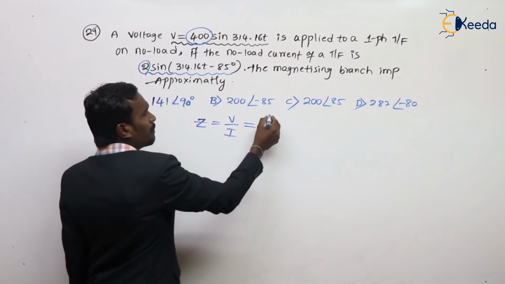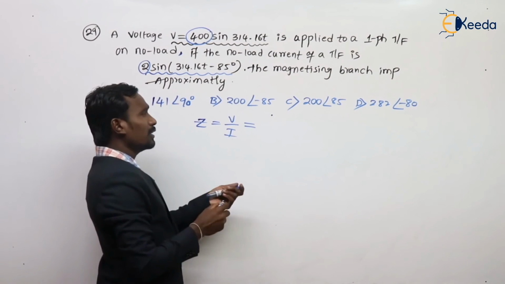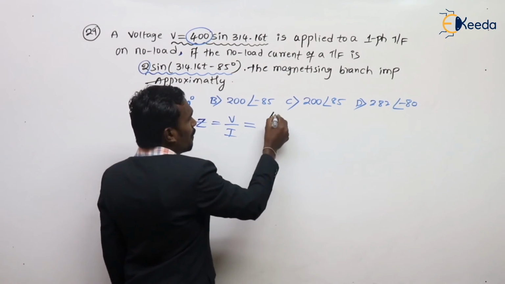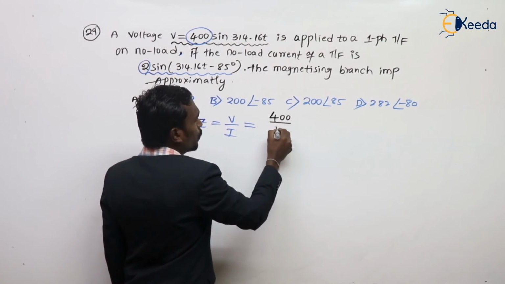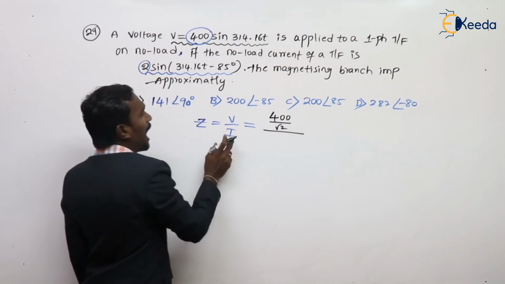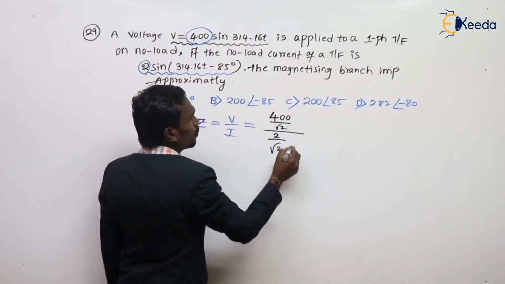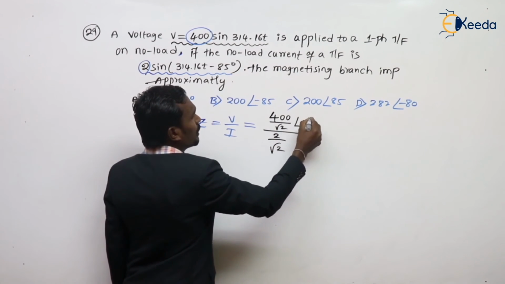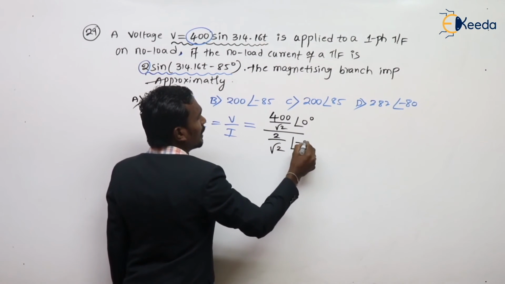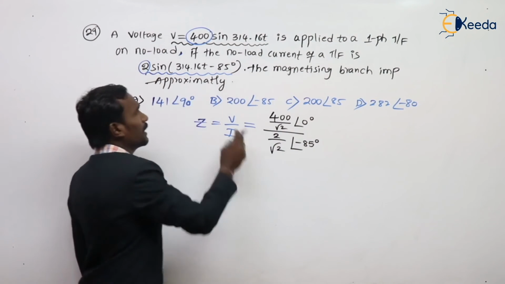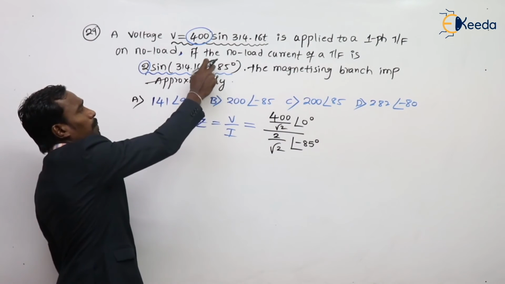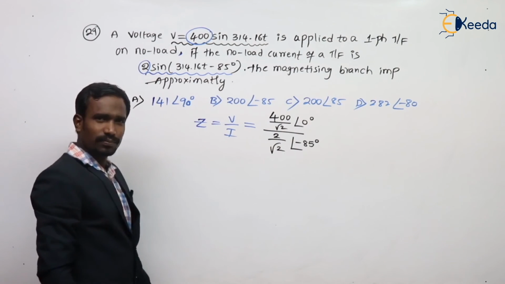So what is the RMS value? The RMS value of V is equal to maximum by root 2. V by I. I is 2 by root 2. This is at an angle 0, but this is at an angle minus 85 degrees.